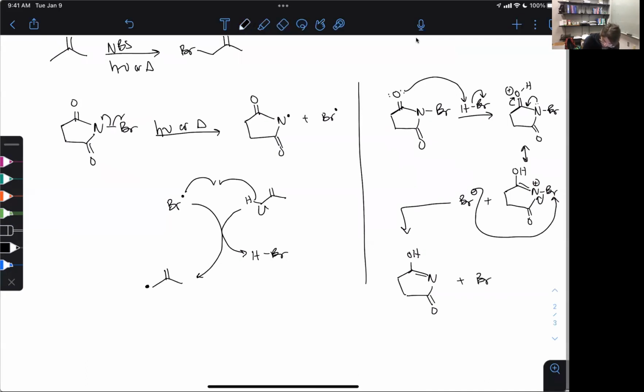and we've made Br2, okay? So that Br2 is going to participate in this reaction at this next step. We're actually going to be making our propagating radical from Br2. So we're going to bring Br2 in here.